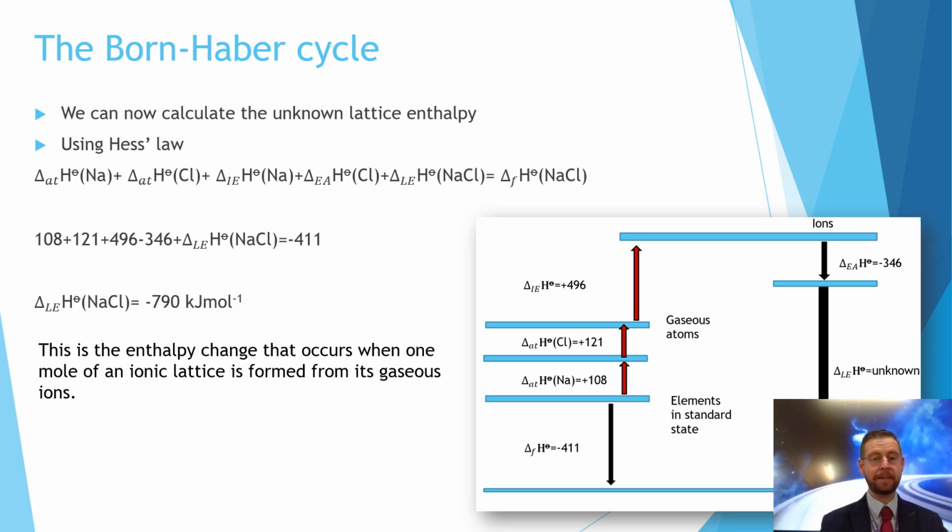And then plugging in all the numbers, 108 plus 121 plus 496 plus minus 346 plus the unknown lattice enthalpy is equal to minus 411.